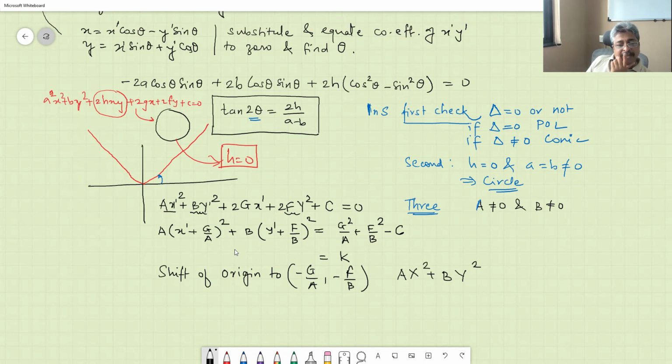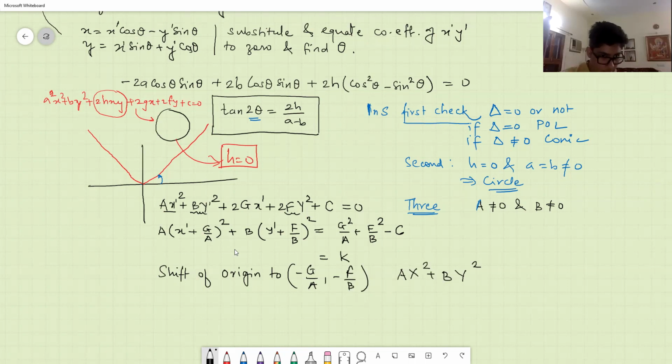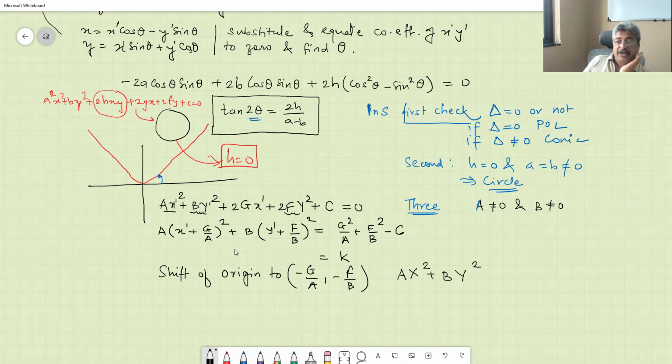Now, by shifting the origin, will you disturb the constant or will it continue to remain the same? That is a good question to ask. By shifting the origin, will you disturb this constant RHS or will it continue to remain the same? You can check and tell me.